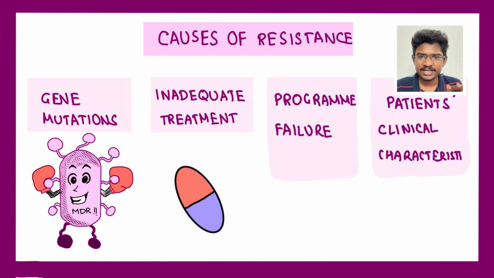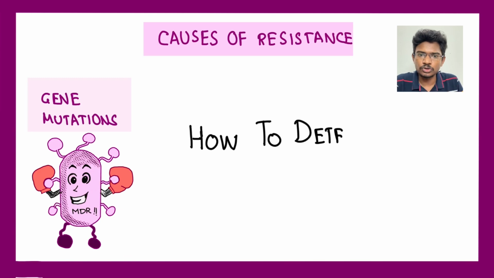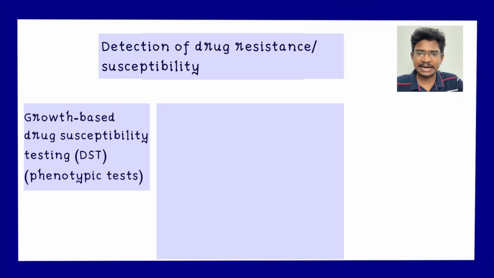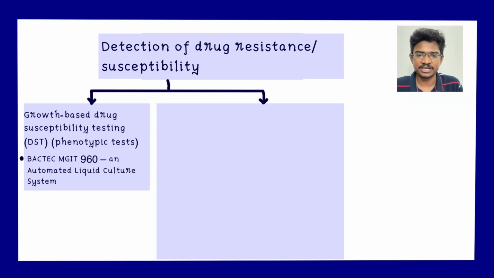So let's see the tests, how they are detecting this resistance and how to follow up a patient on treatment with ATT. First, detection of drug susceptibility, whether the drug is able to inhibit the growth of the bacterium or not. This can be done by a phenotypic test by observing the growth of the bacterium.